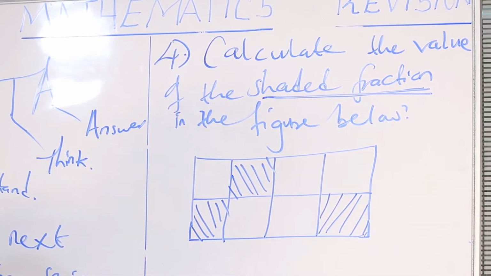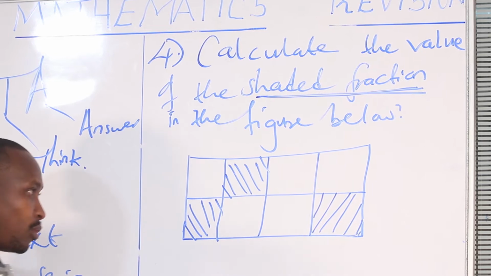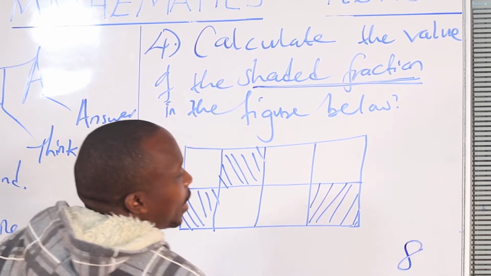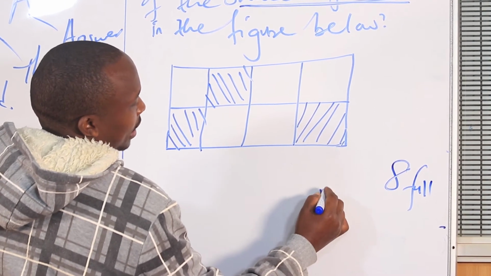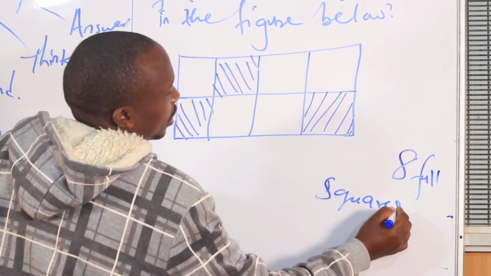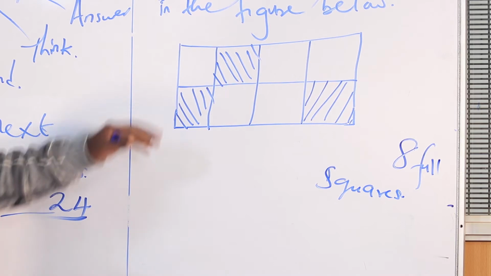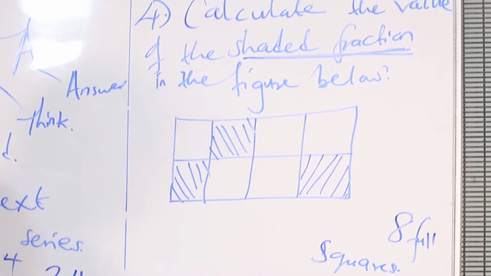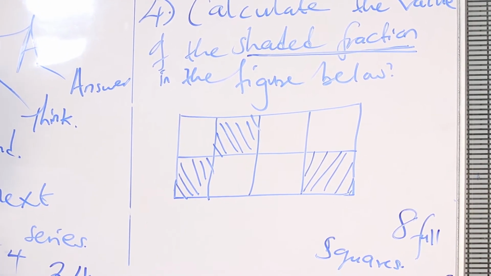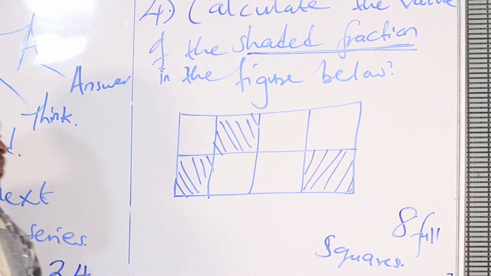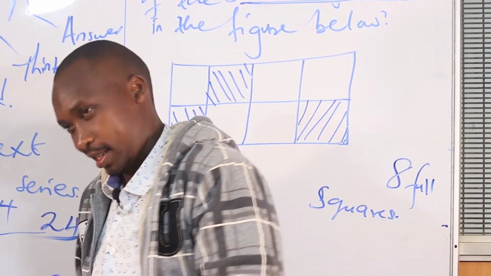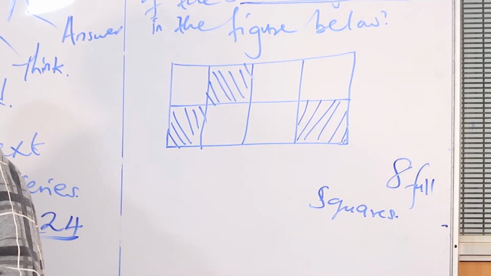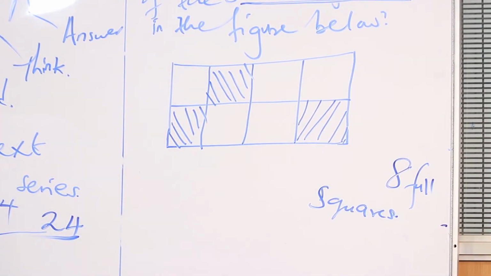So we have 8 full squares inside. Now, you are told of the shaded fraction. Who can tell me how many squares are shaded inside that rectangle?